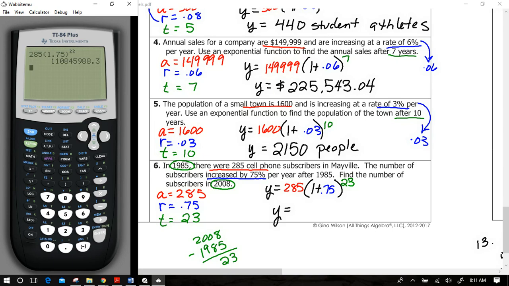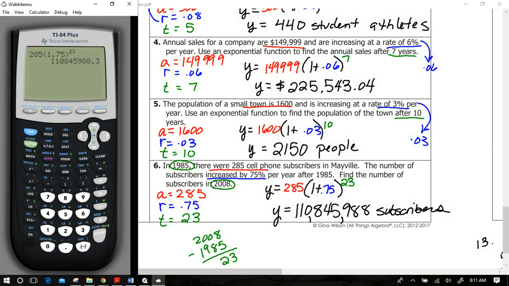And so this is going to be my answer. Cell phone subscribers boomed in that 23-year period of time. 45,988.3. And so there's my decimals. Now, since we're talking about people, I'm going to go ahead and leave off the 0.3. Because this is subscribers.